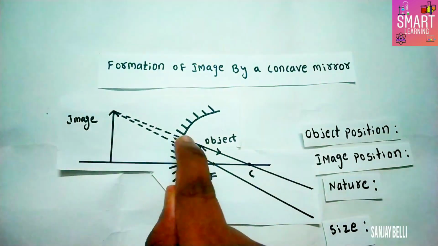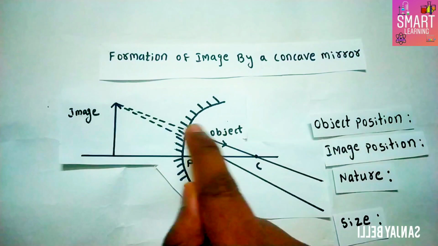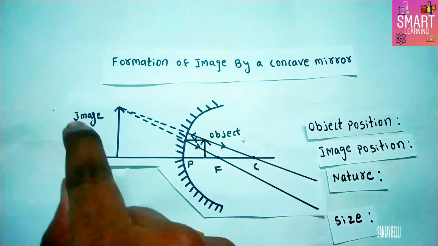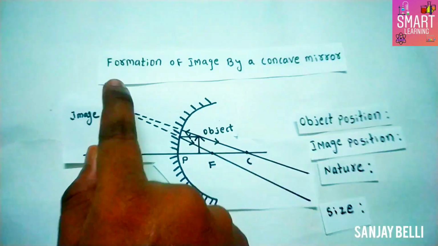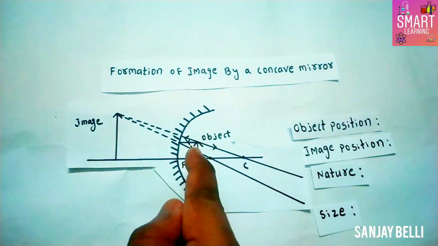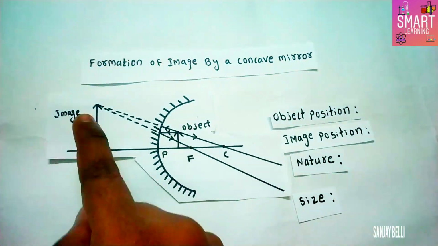And rule 3: passes through the center of curvature and reflects through the center of curvature. If we place an object between P and F, the image will be formed inside the mirror and it is a magnified image. And as it appears like an object, it is a virtual erect image.